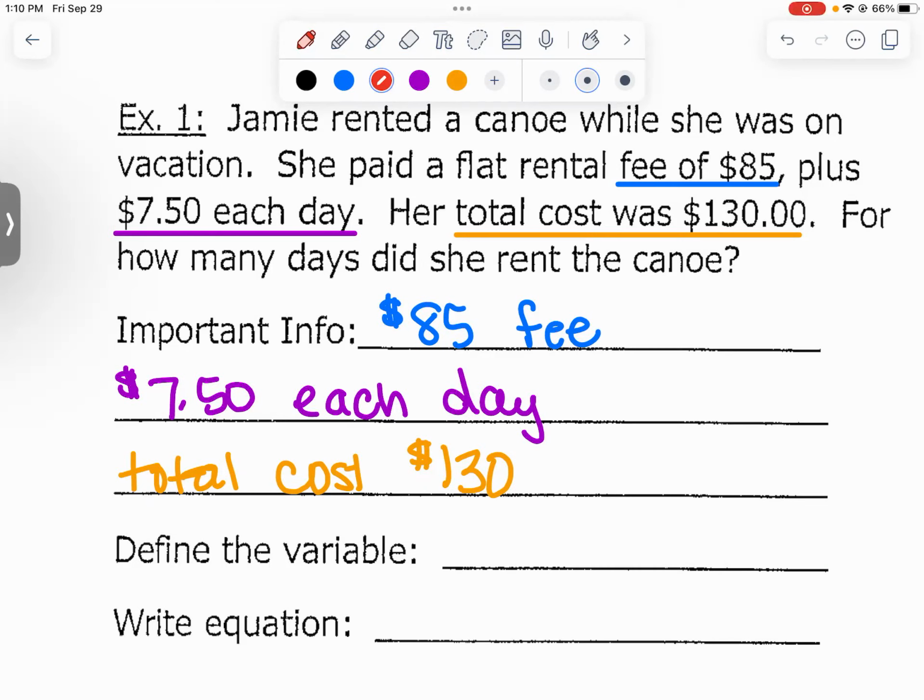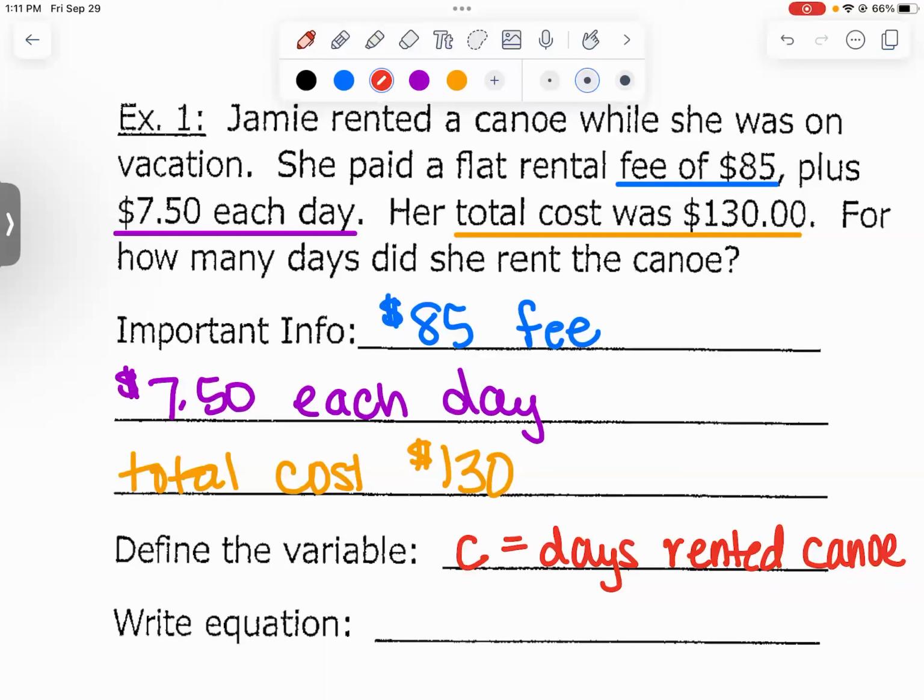Okay, we want to use C, and that represents days she rented the canoe. There is only one letter I would encourage you not to use. O. Because it looks like a 0. But any other letter is perfectly fine.